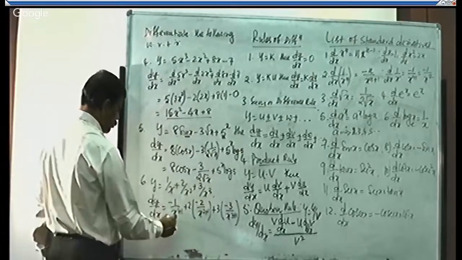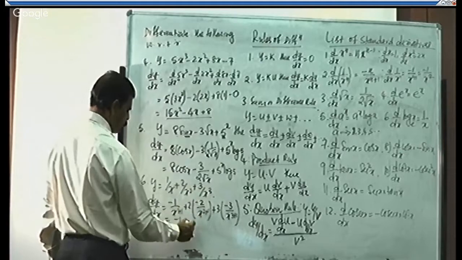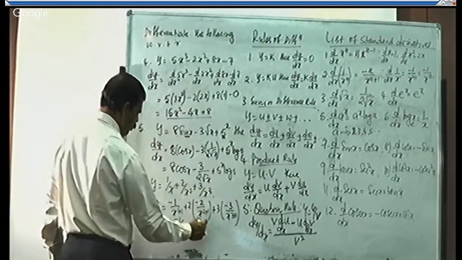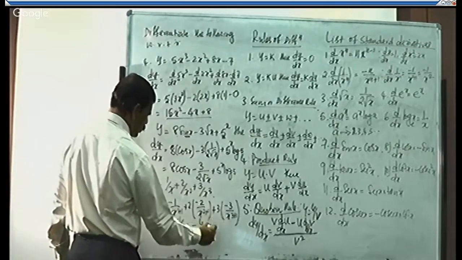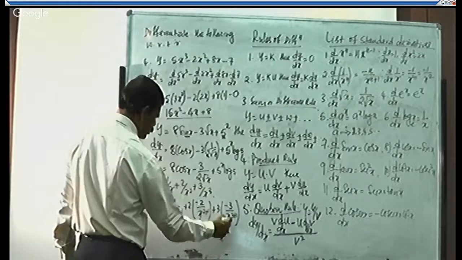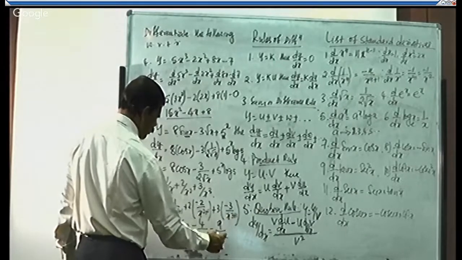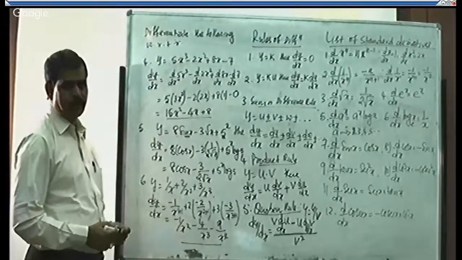That is minus 1 by x square, plus 2 into minus 2, minus 4 divided by x cube, plus 3 into minus 3, minus 9 divided by x to the power of 3 plus 1, which is 4. This is the derivative. Got it?